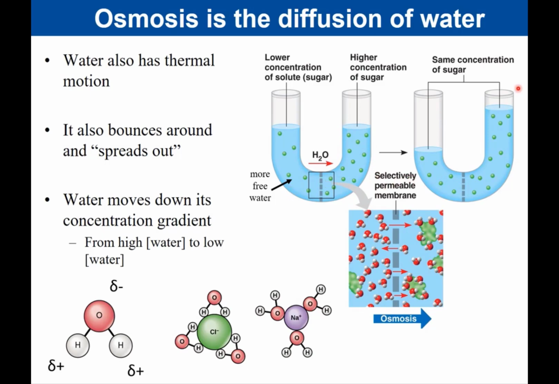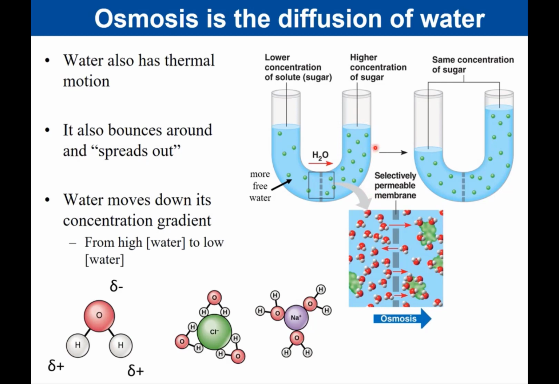Water is going to move to the right and it's going to start to fill up the tube on this side. Just like all other molecules, water is also going to move from a high concentration to low. When you're looking for which way water moves, it's always going to be from the low solute concentration, where you have more free water, to the high solute concentration, where you have less free water.